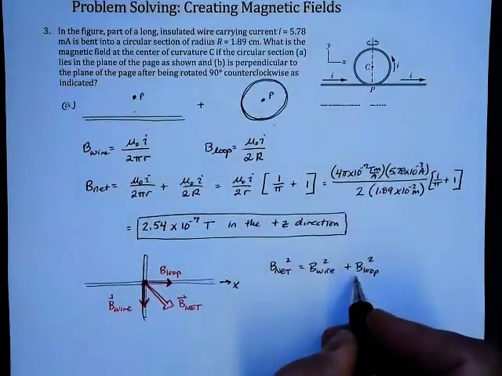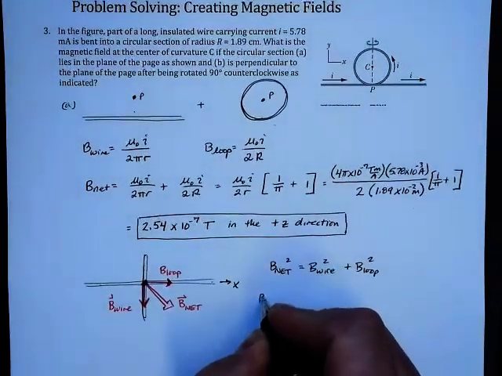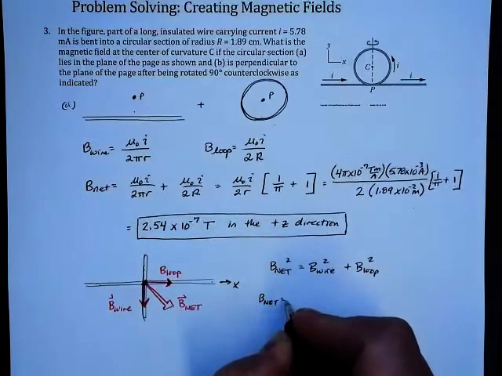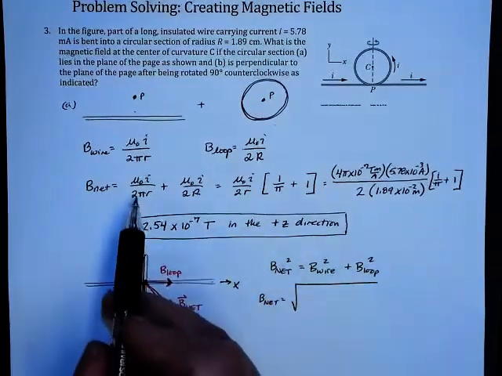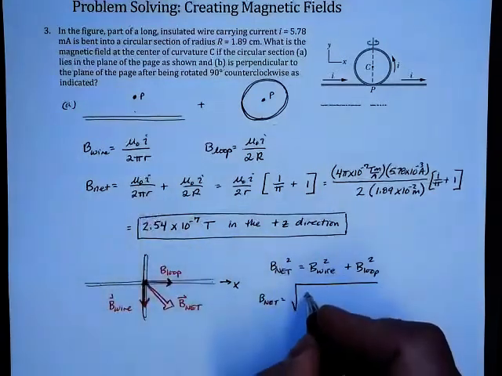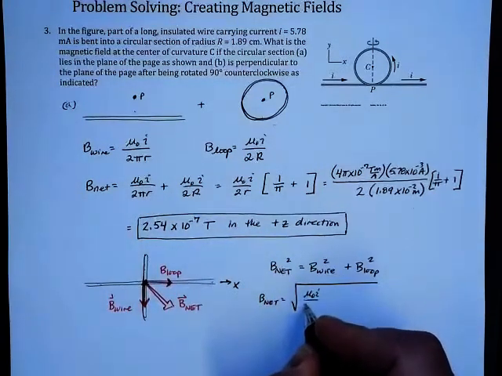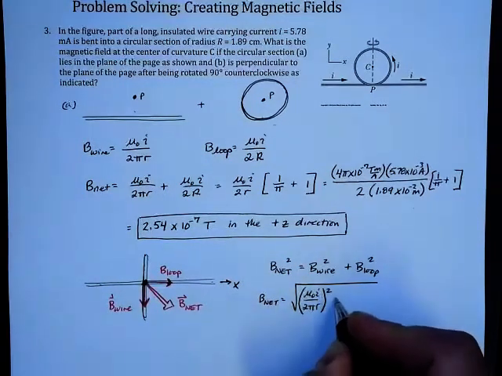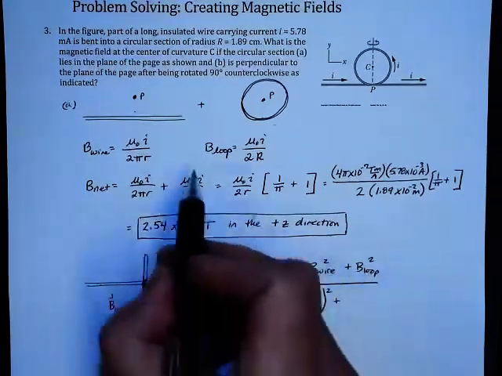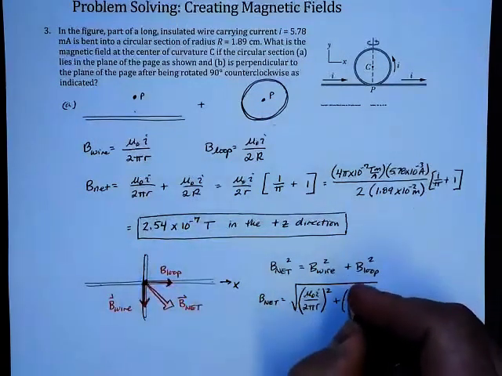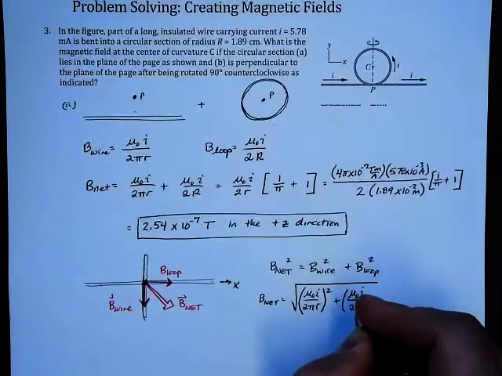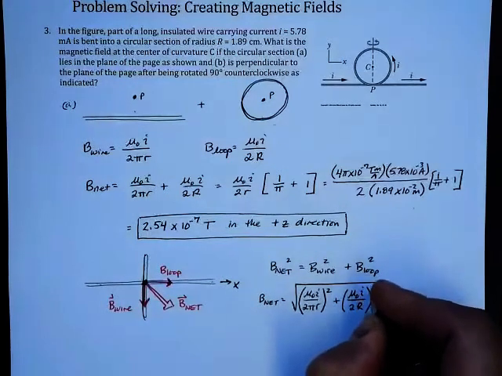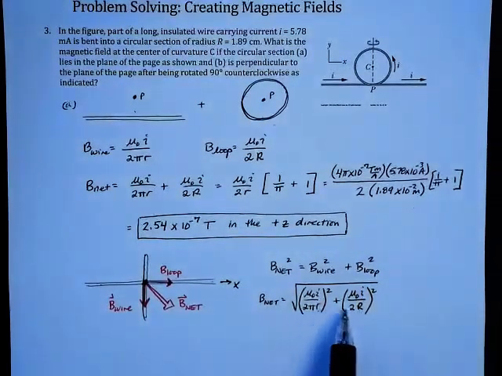So that means that the net magnetic field is actually the square root of, let's see, B wire squared. So this one is B wire here. Mu 0 I over 2 pi r. Square that all. And then the loop, square that all. Mu 0 I over 2 r all squared. Again, those r's are the same.